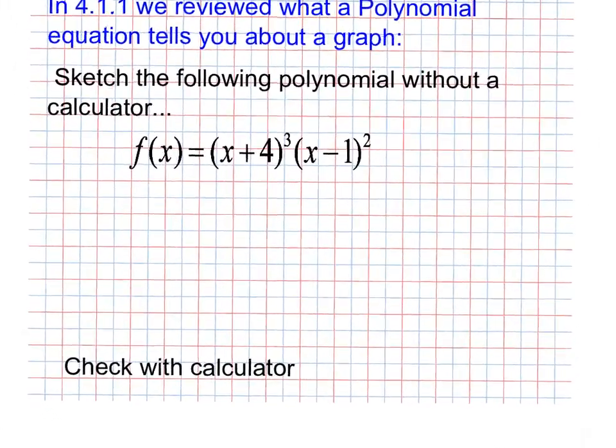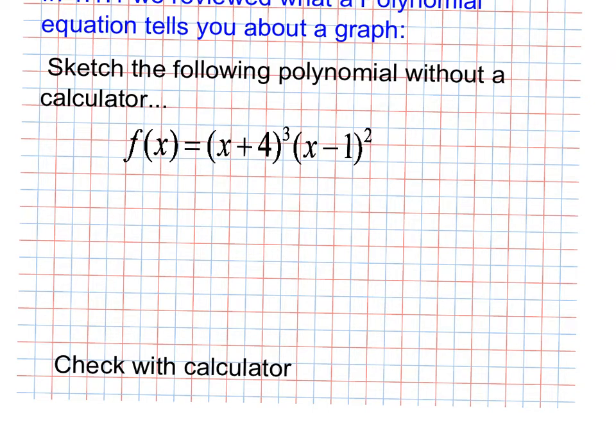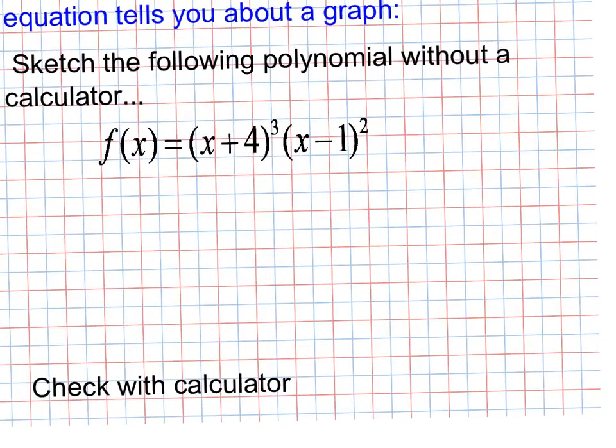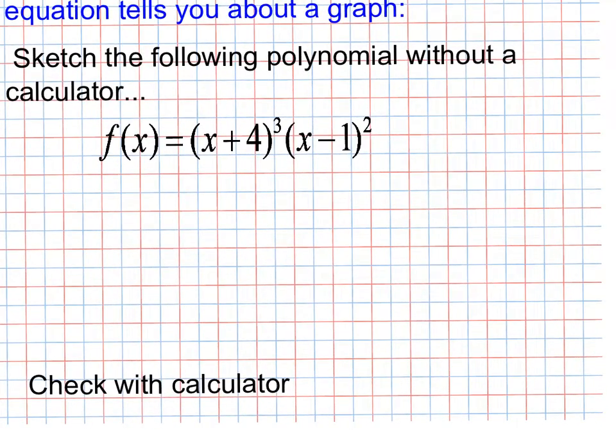Now, in order to sketch this, we need to take a look at some of the characteristics. First of all, we have the degree of the polynomial. The degree is 5, meaning we have an odd polynomial.